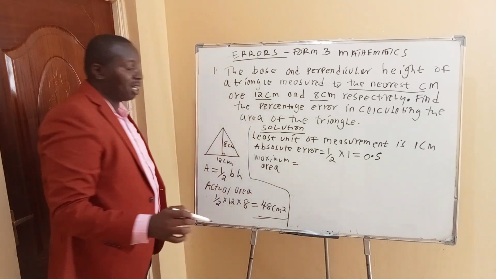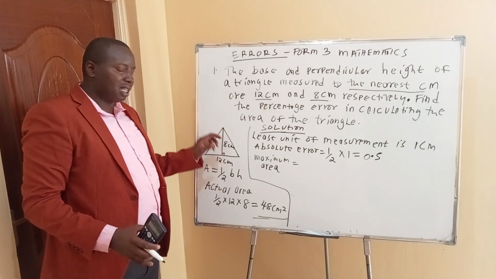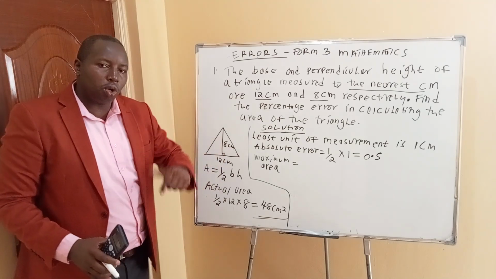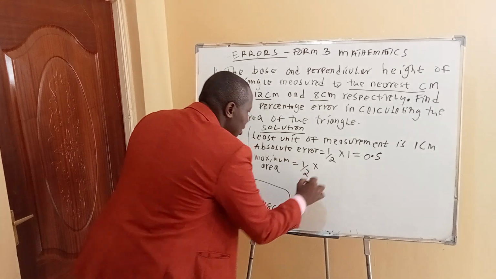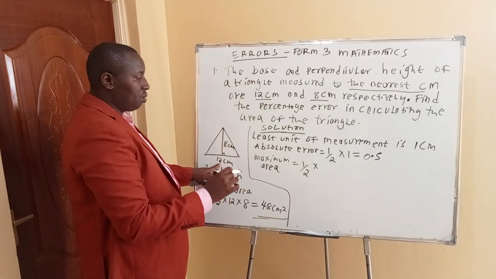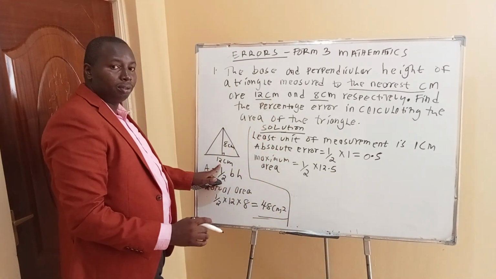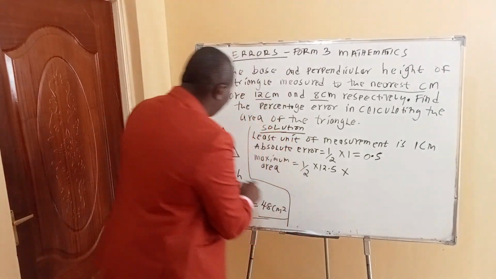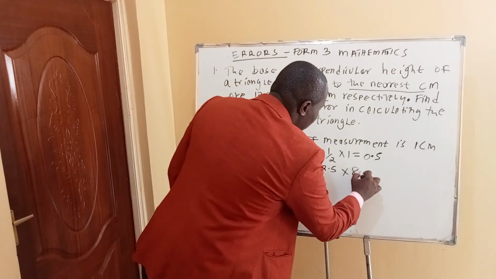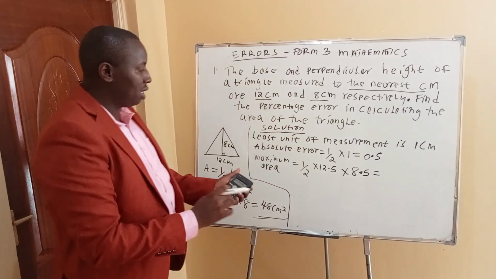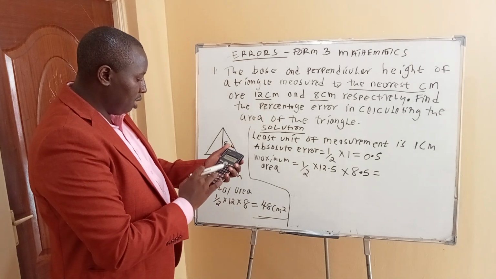So therefore, when you want to get the maximum area, you are supposed to take the base and the height at the maximum, and get the product. So the maximum area will be a half times the maximum base, which is 12 plus 0.5, that is 12.5, times the maximum height, 8 plus 0.5, which is 8.5. So a half times 12.5 times 8.5.